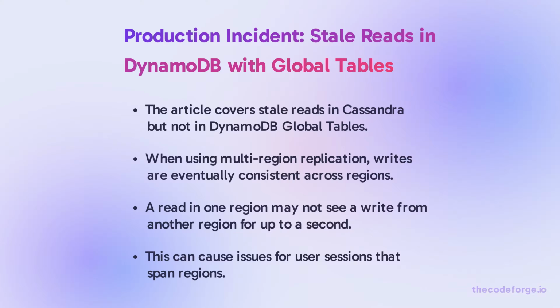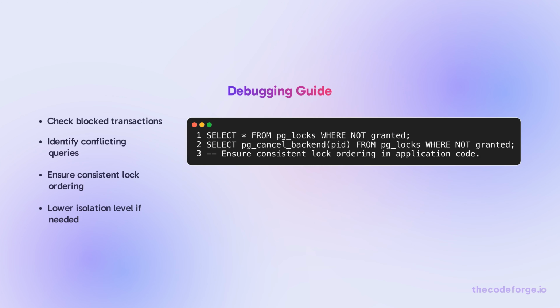Mitigation: use DynamoDB's consistent read only in the same region as the write, or use a global secondary index with strong consistency disabled. To debug deadlocks and retry storms, first check blocked transactions with pg_locks, then cancel the blocking queries. Ensure all transactions access tables in the same order to prevent deadlocks. Consider lowering isolation level to read committed.